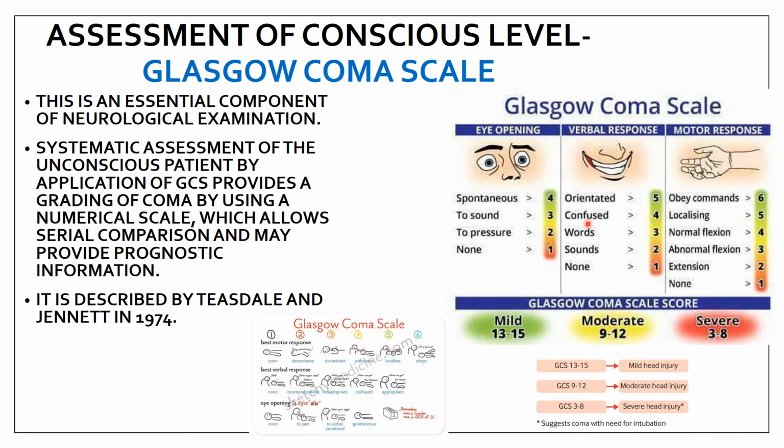He'll say anything randomly, irrespective of what you're asking. If you're asking where are you, he'll say anything like football or hotel. He won't even pay attention to what you are saying. So that is the verbal response, and you're going to give the score as 3.